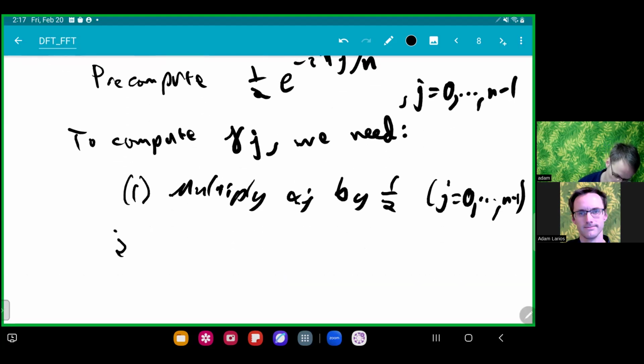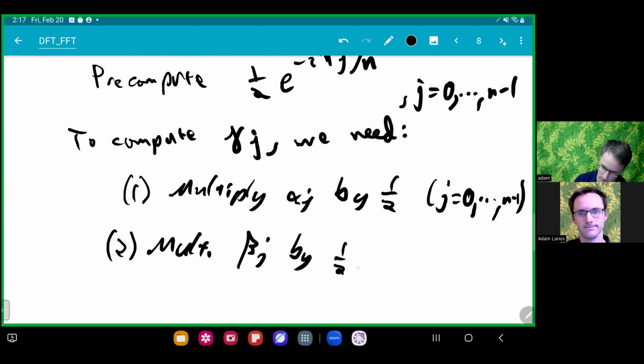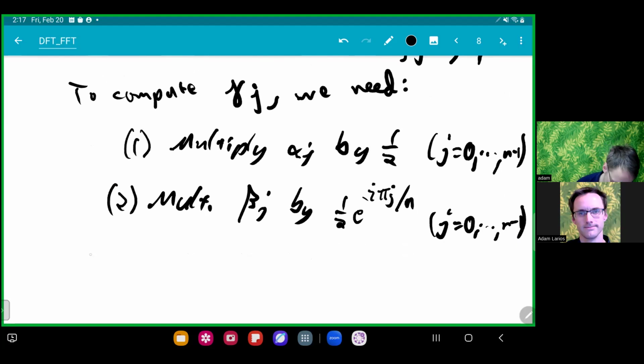And we also have to multiply beta j by that pre-computed twiddle factor, 1/2 e to the minus i pi j divided by n, like this. So the total is 2 times n multiplications.